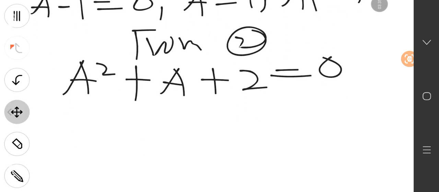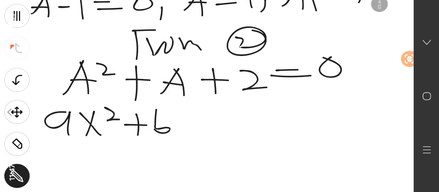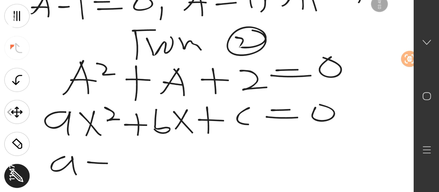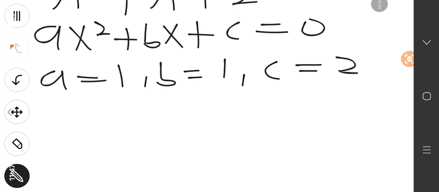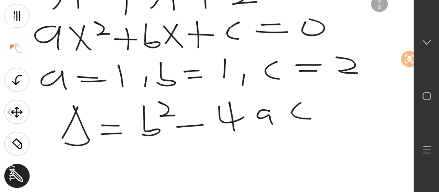All right. Now let's use the discriminant to check our equation. Before we apply it, let's quote a x squared plus bx plus c equals 0. So our a is 1, our b is 1, and our c is 2. All right, so you're going to have delta equals b squared minus 4ac.